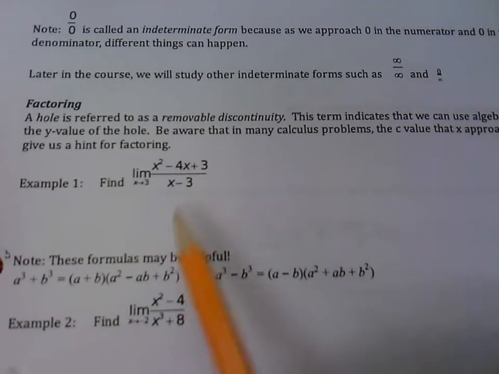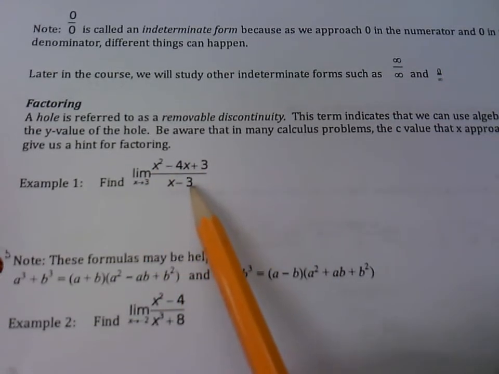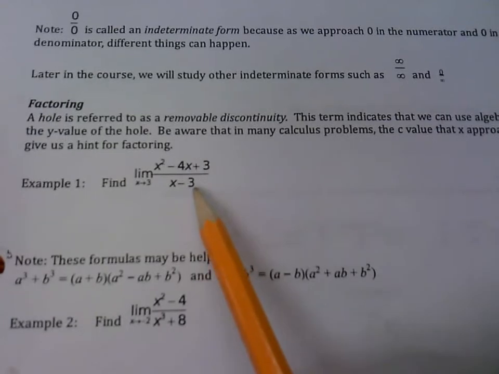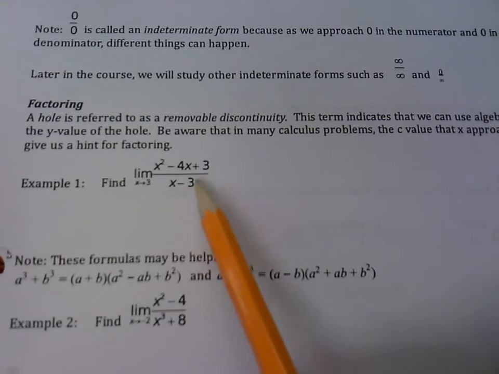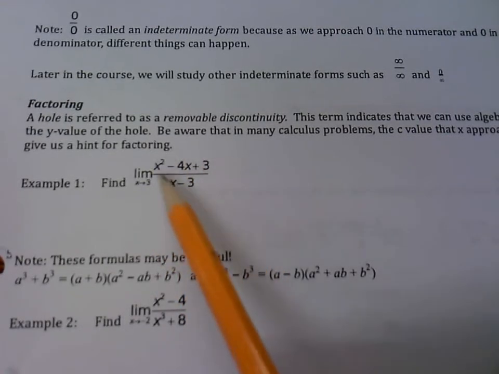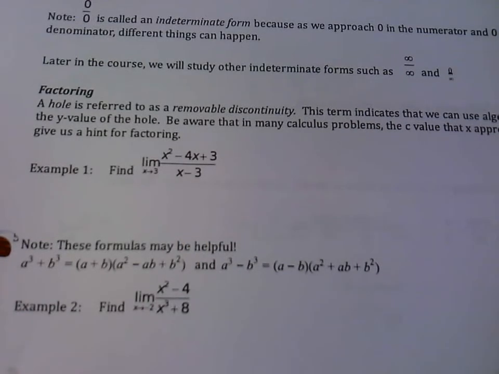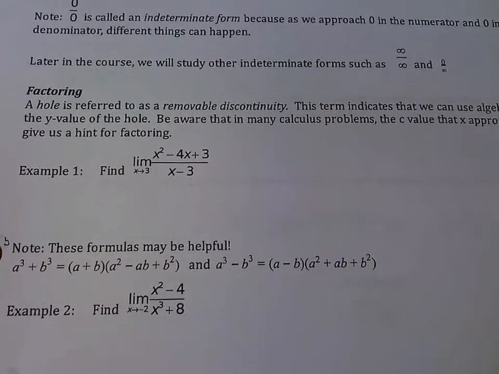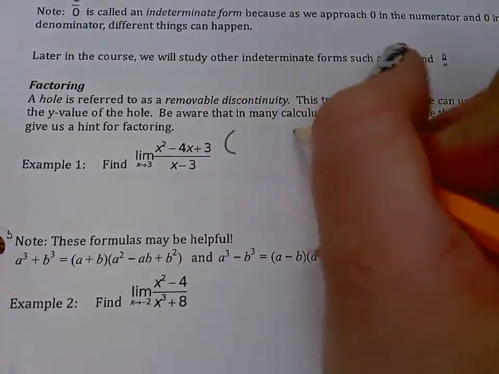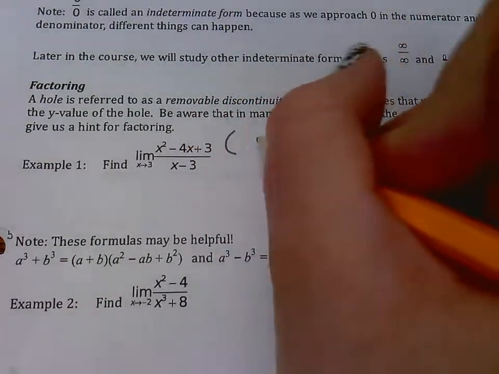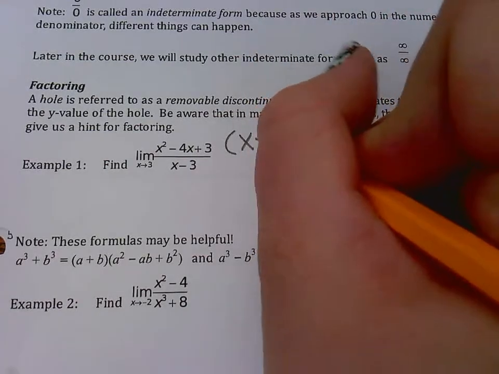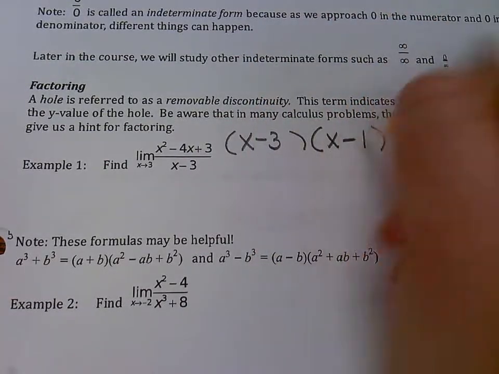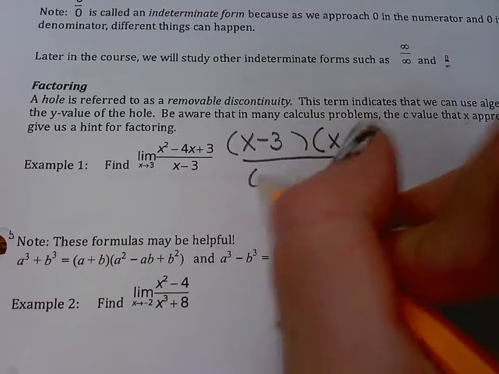When I plug in 3, I get 0 in the denominator. So I can't use substitution to find the y value. So this is a rational function. We've already done this before. How would I factor the numerator so that I could cancel some things out? So what does the numerator factor into? x minus 3 times x minus 1, and I have x minus 3 in the denominator.